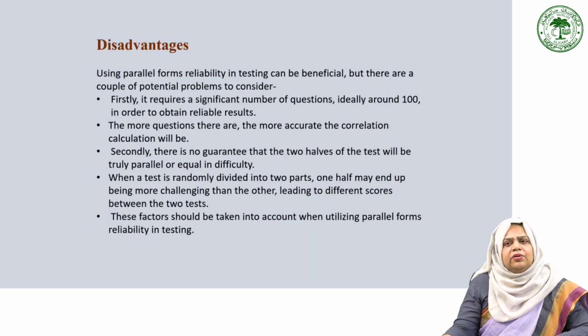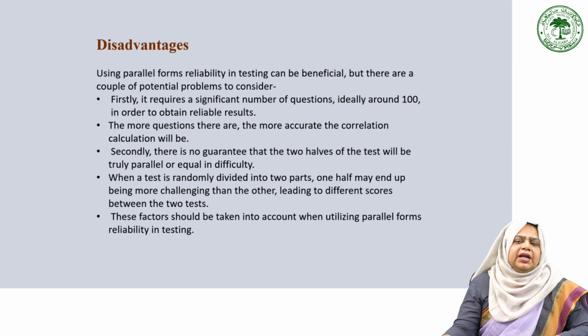Parallel forms reliability also has its disadvantages, and one of the drawbacks is that it requires a substantial number of questions, such as 100, in order to yield reliable results. The more questions there are, the more accurate the correlation will be. However, there is another potential drawback.